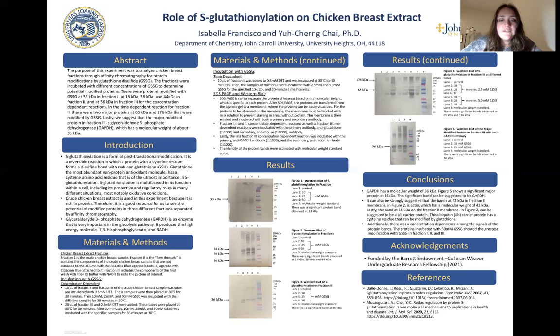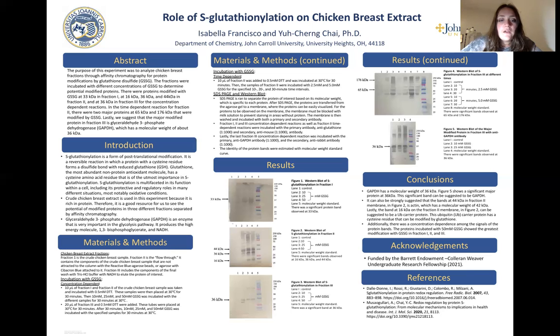The results showed significant protein modifications in the different fractions. There were significant protein bands modified with GSSG at 33 kilodaltons in fraction 1, as shown in figure 1. In fraction 2, there were significant protein modifications at 16, 36, and 44 kilodaltons. And in fraction 3, at 36 kilodaltons, there was a major protein modification.